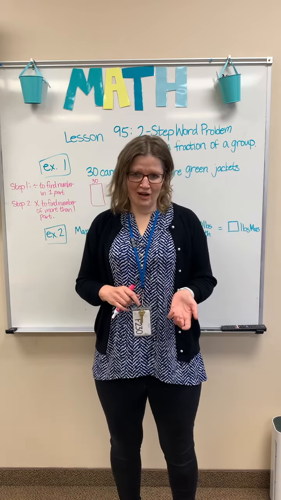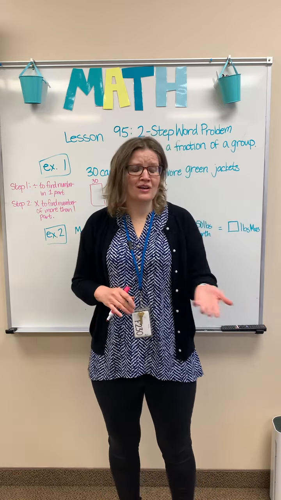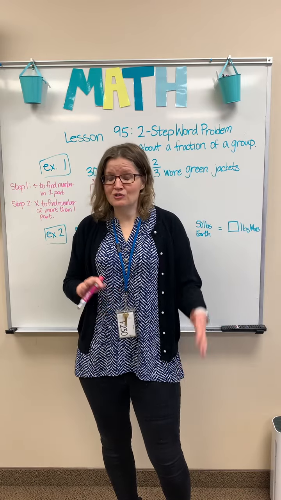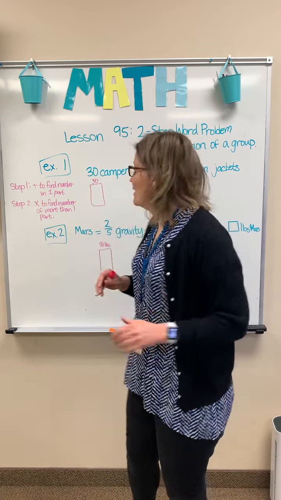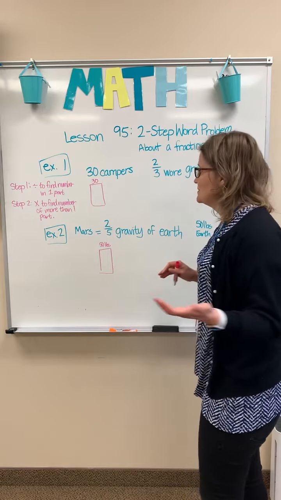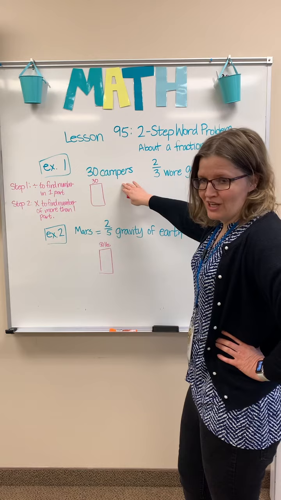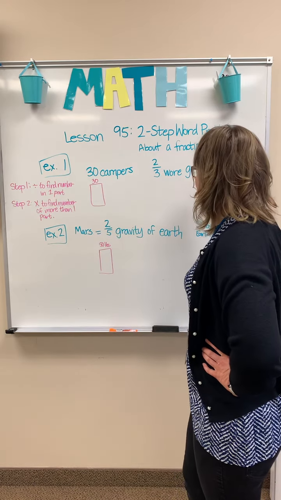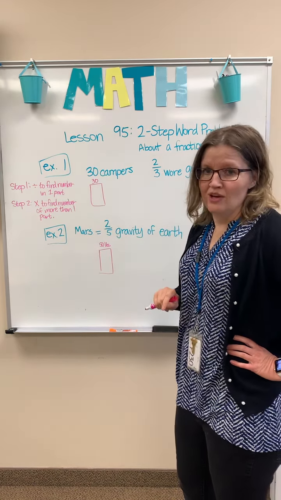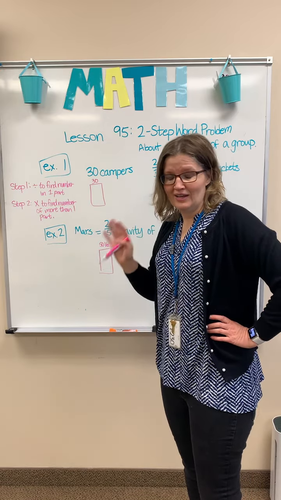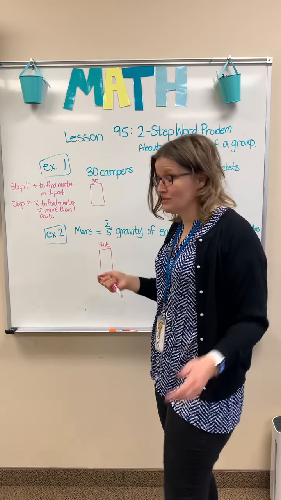Our first word problem involves campers wearing green shirts. Don't ask me why we're worried about their green jackets, but this is the example. There are 30 campers. 2/3 of them wore green jackets. So how many campers wore green jackets?